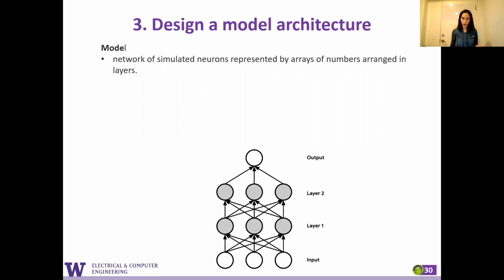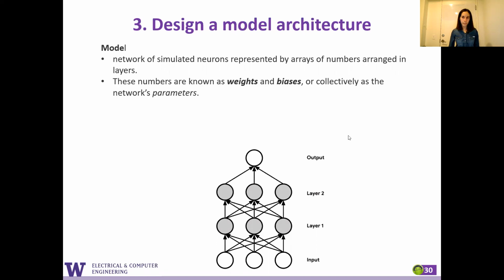You have the input, the output, and some layers in between. This is not an exact science; how many layers do you need for this problem? It typically depends. You define the model, you train it, and you may then redefine or change the number of layers.